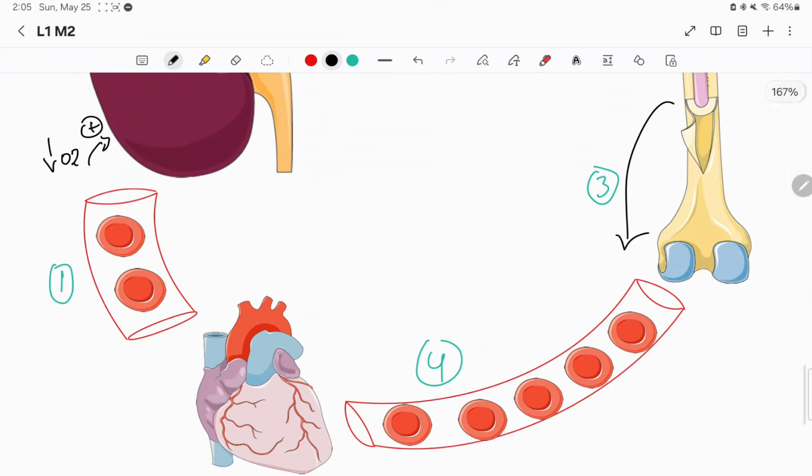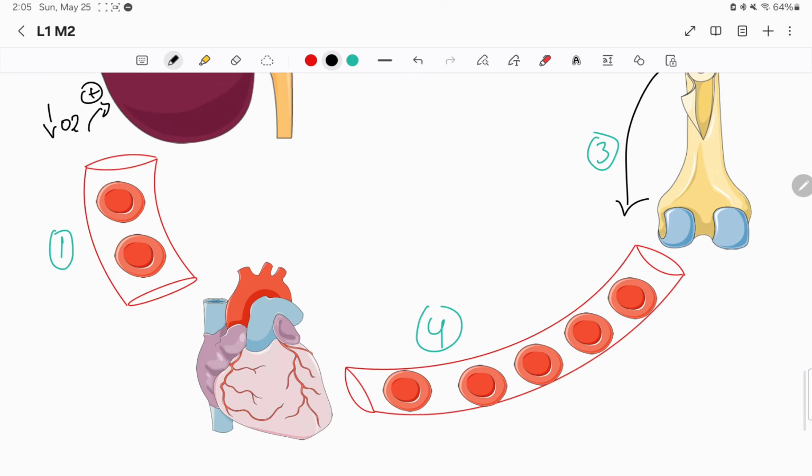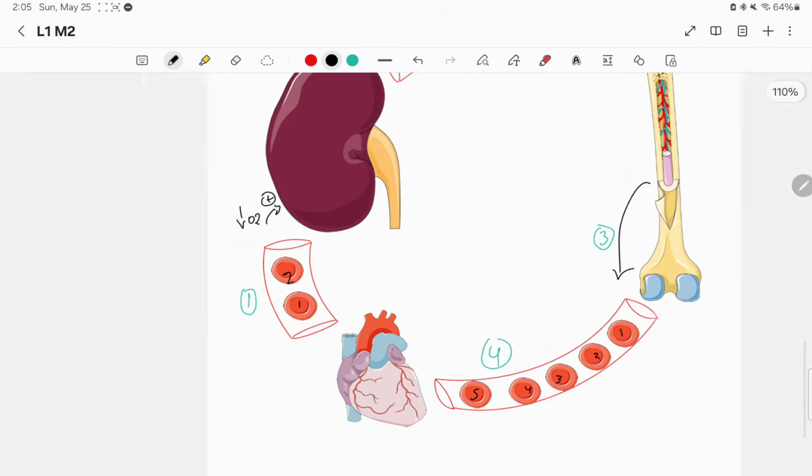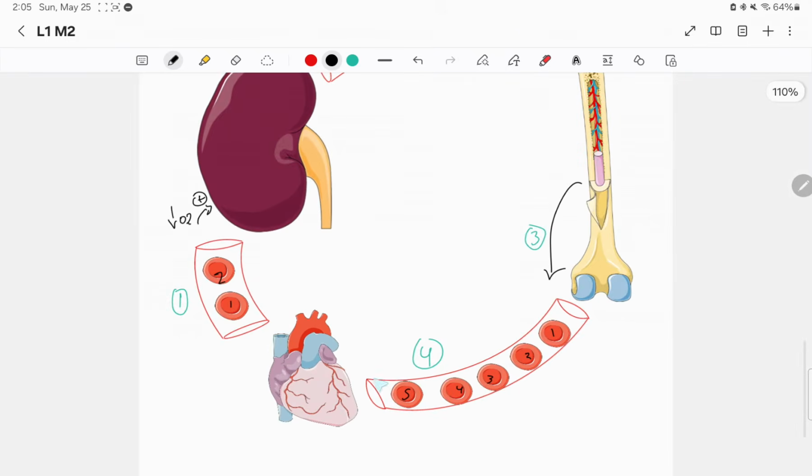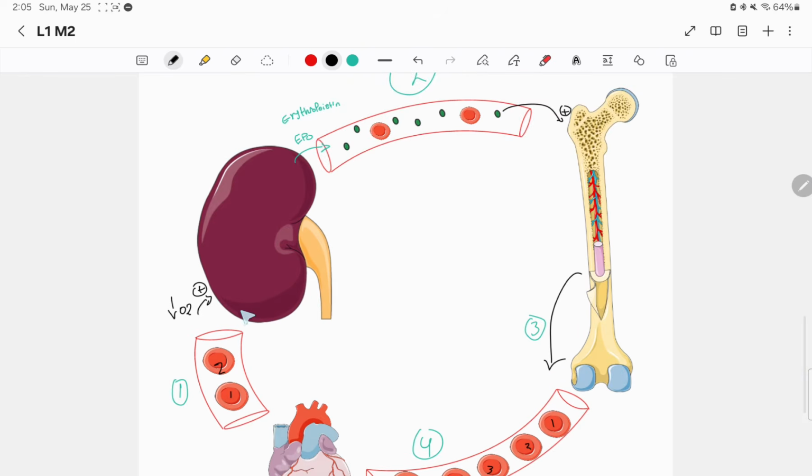And you would agree with me that erythropoietin then is rightly named. And these guys, look at them. There's 1, 2, 3, 4, 5 red blood cells as opposed to the initial 2. Now your oxygen carrying capacity is pretty high. And so these guys will continue, and they make their way to the heart, obviously, and then they get pumped out. And the next time they reach the kidney, guess what? Those kidney cells that sense low oxygen carrying capacity, they're going to be like, oh, okay.